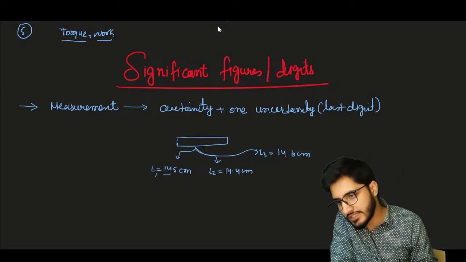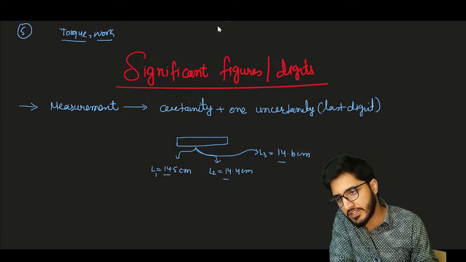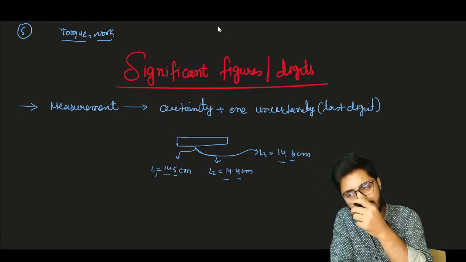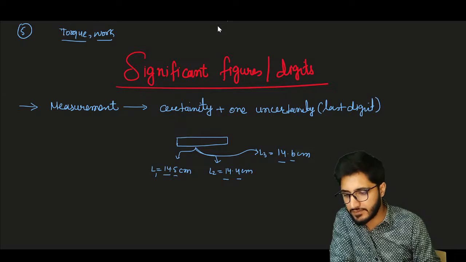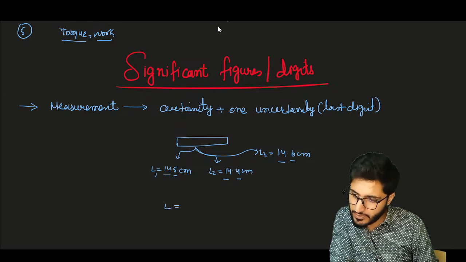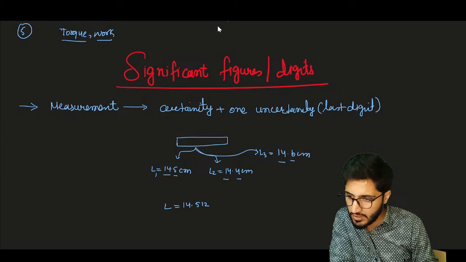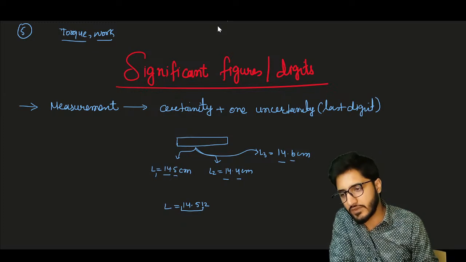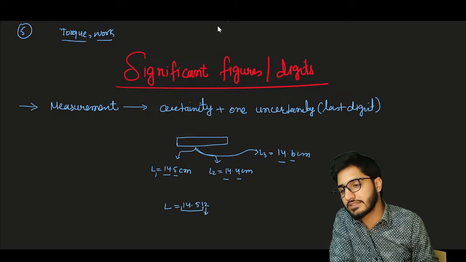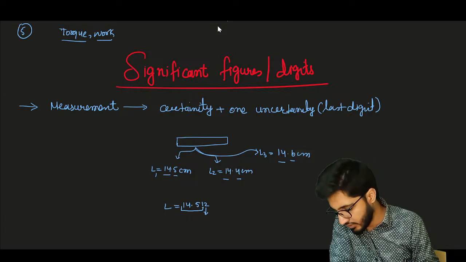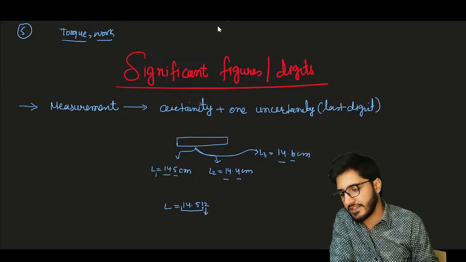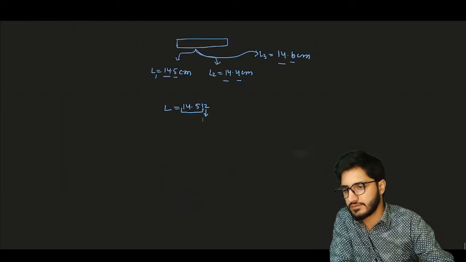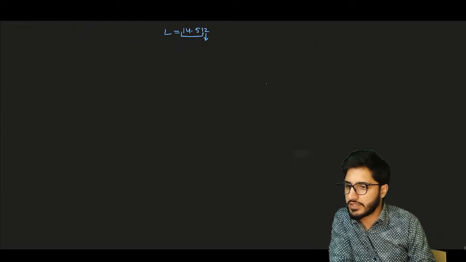That means 14 is certain, but the last one is uncertain. The combination of these, I can call a significant figure. If my length is 14.512, these digits are certain, the last one is uncertain. The combination of both is known as significant figures. Clear? Now we have rules for it.